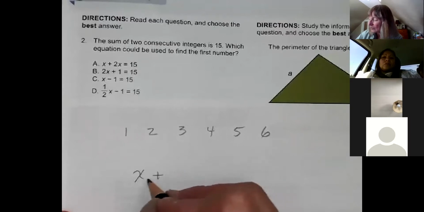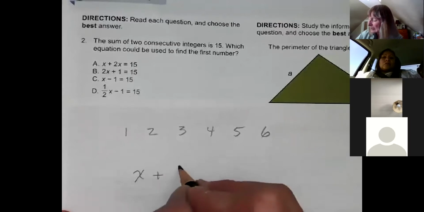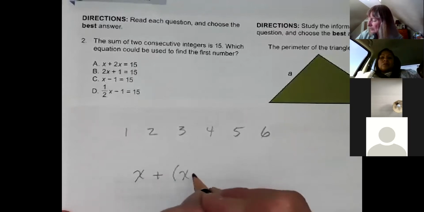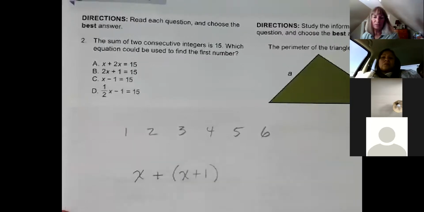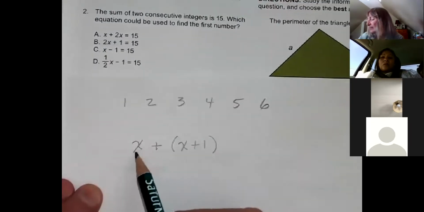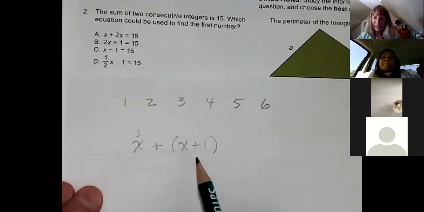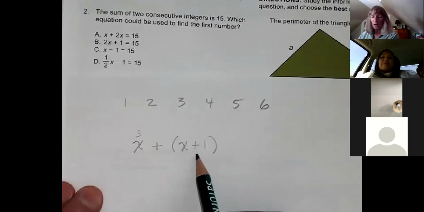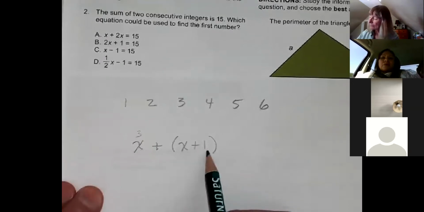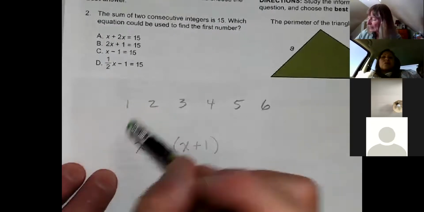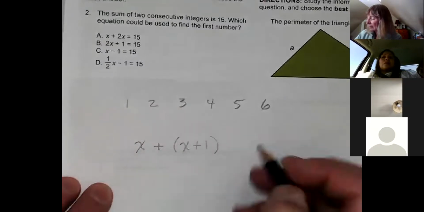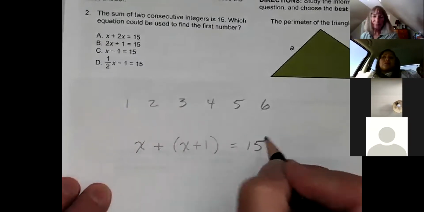It's going to be x plus 1. Like if this number is 3, then the next number would be 4, 3 plus 1. And I want this stuff to add up to 15.